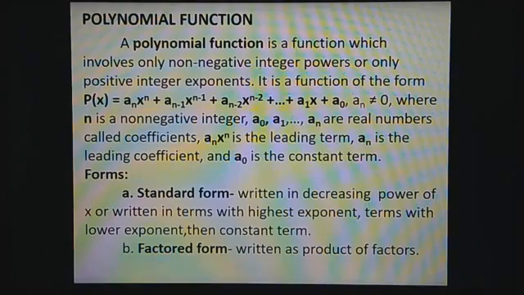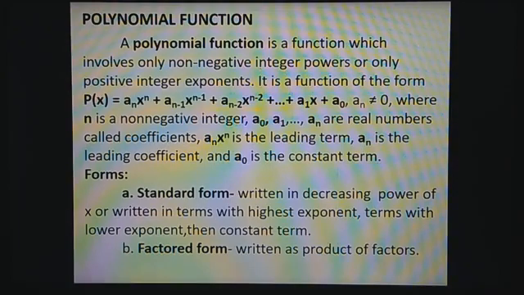A sub n is not equal to 0, where n is a non-negative integer. A sub 0, a sub 1, up to a sub n are real numbers called coefficients.